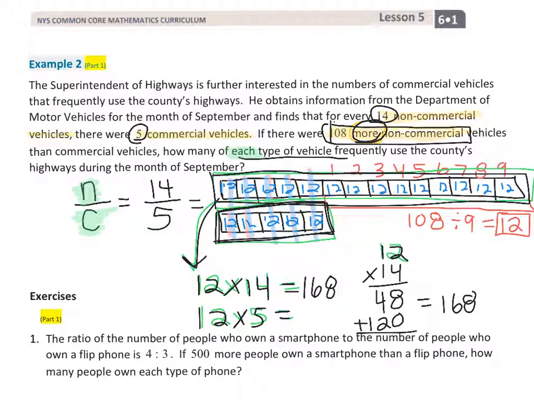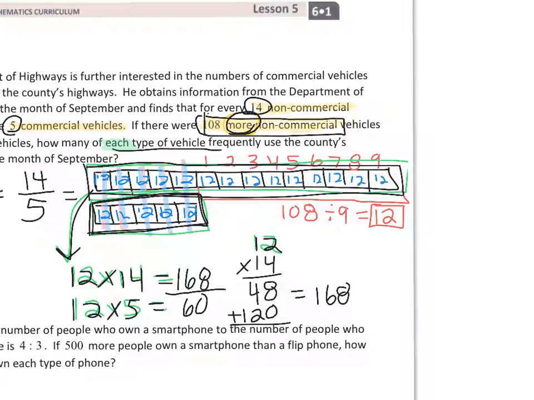And then we have 12 times 5. And 12 times 5 is 60. Right? The 168 is representing the non-commercial vehicles, and the 60 is representing the commercial vehicles. So if I scoot this over a little bit, I can show it over here.